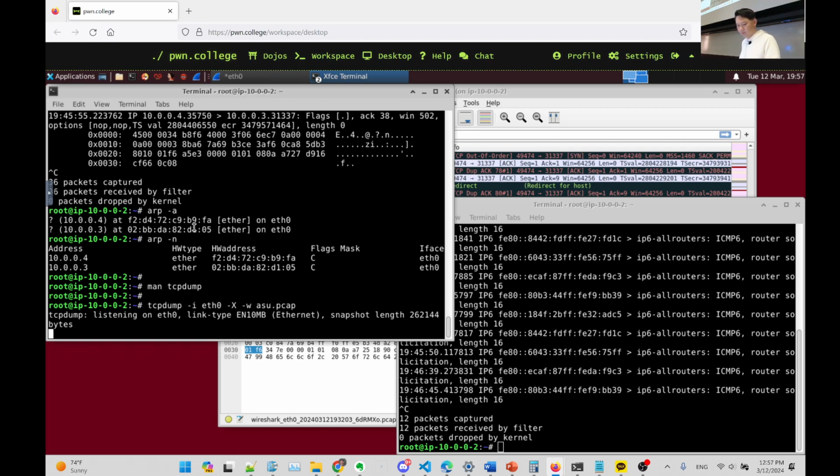Okay, let's give maybe 30 seconds for capturing, and then we can import these files into Wireshark, right?